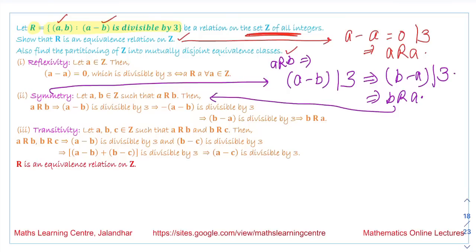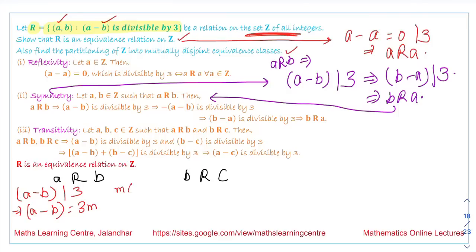Next, let a, b and c be integers such that a is related to b and b is related to c. So a minus b is divisible by 3. It means there is some integer m such that a minus b is equal to 3m. Similarly, b is related to c means b minus c is divisible by 3, so b minus c is equal to 3n, where n is some integer.